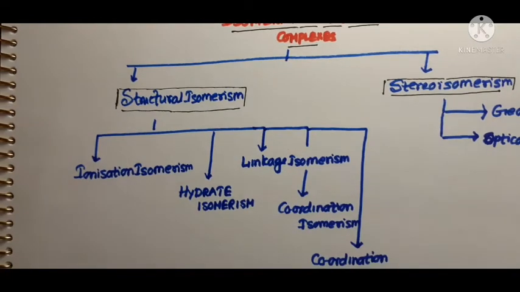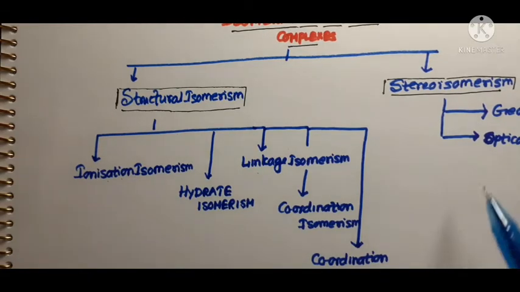Structural isomerism is further classified into the following parts. First is ionization isomerism, second is hydrate isomerism, third is linkage isomerism, fourth is coordination isomerism, and the last is coordination position isomerism.